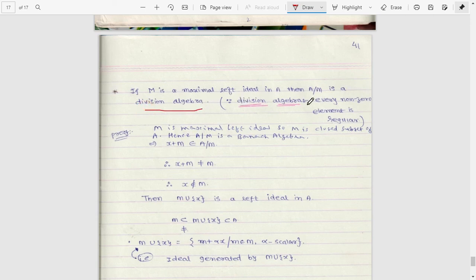Definition: division algebra. Every non-zero element is regular.